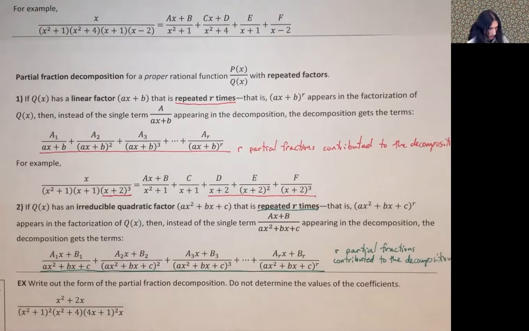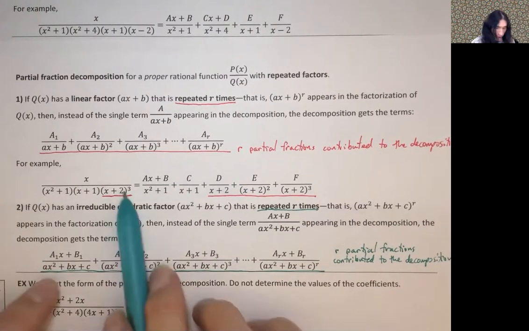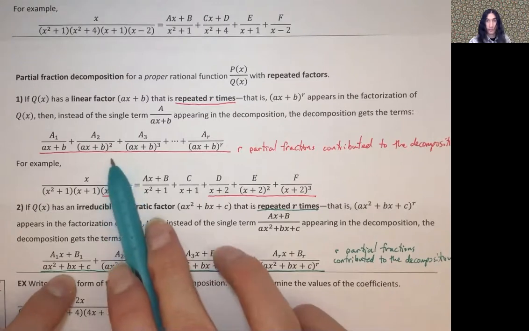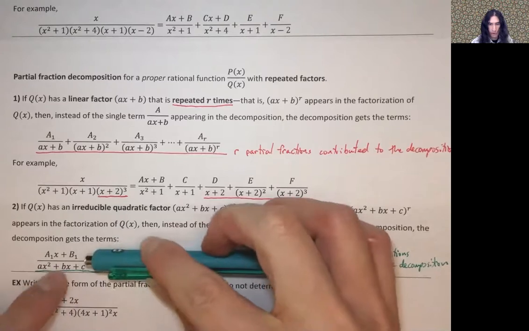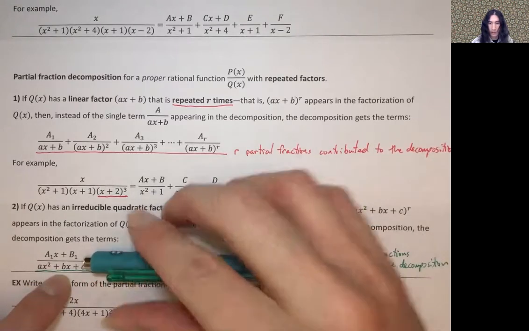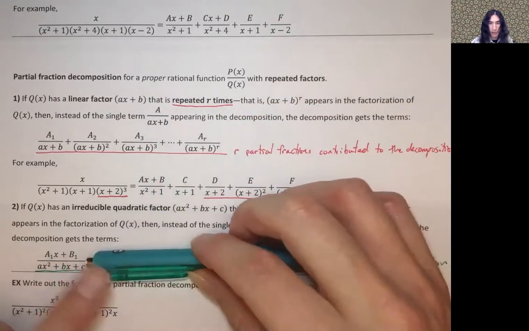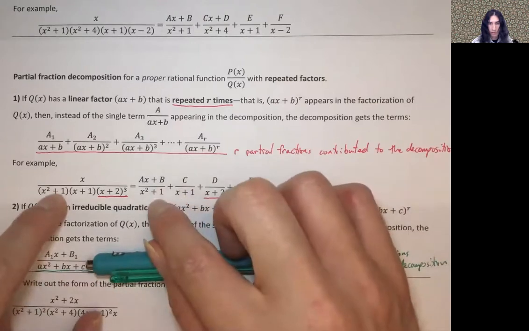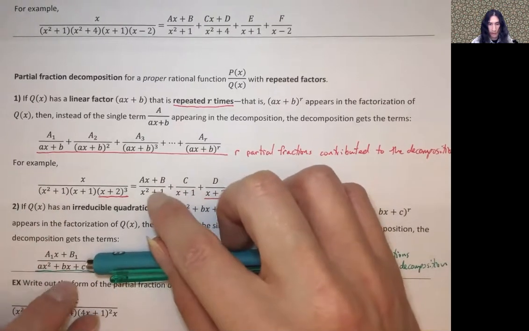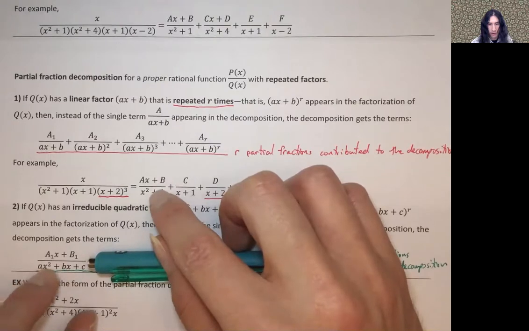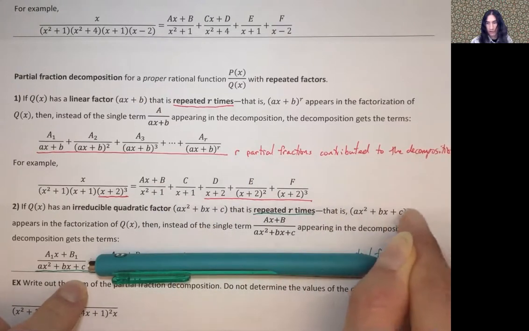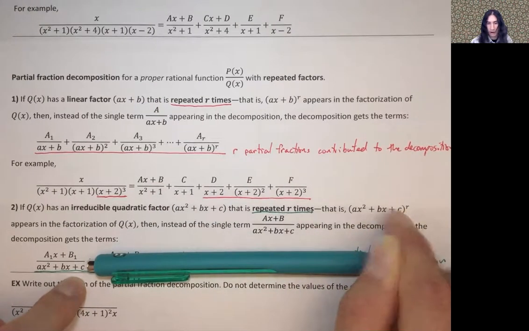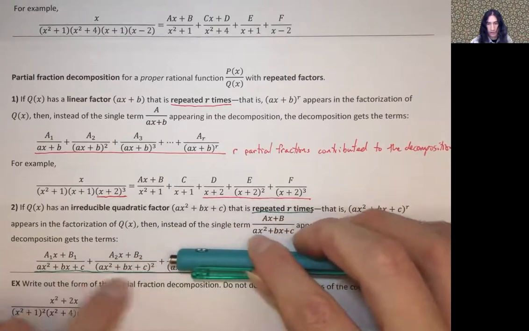Okay, and the partial fractions are all of the exact same form that we just learned for linear. Basically, you start off with the normal one, this one over here, just like in our example above. Here's a quadratic that wasn't repeated, so it just got a single guy. So that would just be like this. Here's a quadratic, and then a single unknown linear in the numerator. But now, since this one was repeated r times, it's got an rth power on its factor, then you're going to count up.